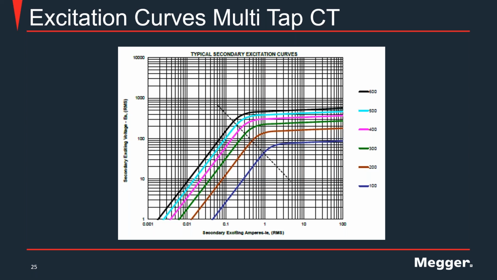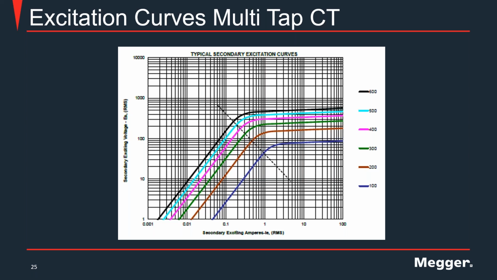Okay. But let's say you don't have that because your CT maybe is too old or the way you got it, I don't know. You can always do this. You can run the saturation curve, do the burden test, and determine what your error is going to be for your particular application.